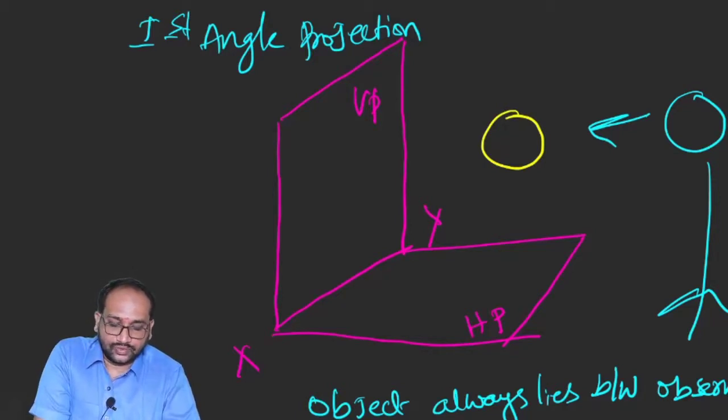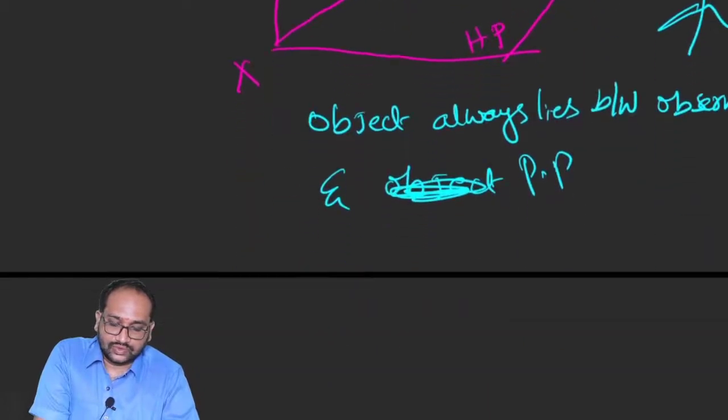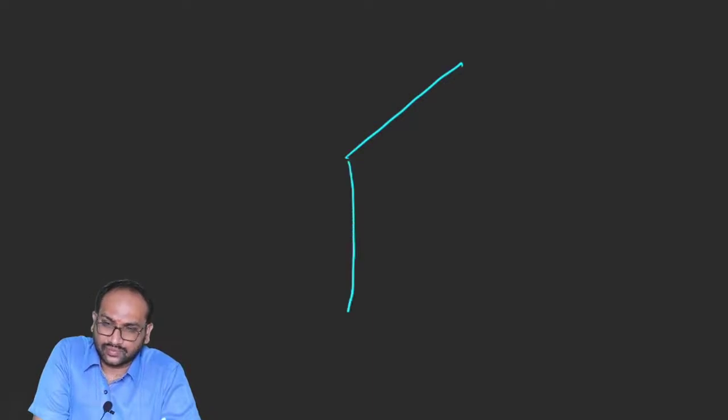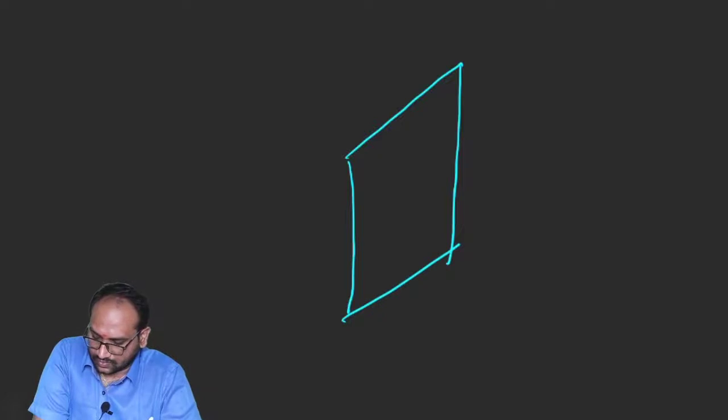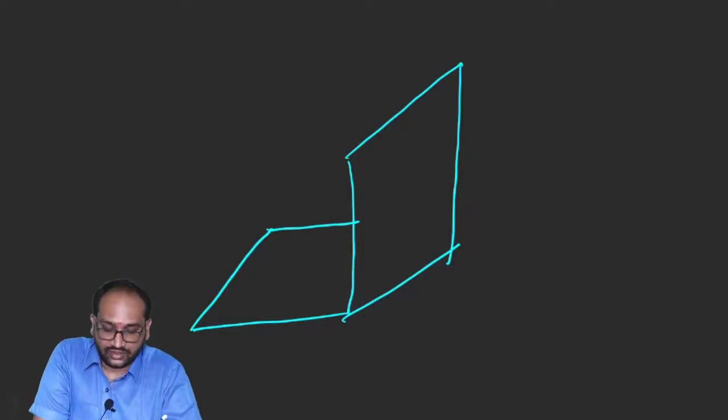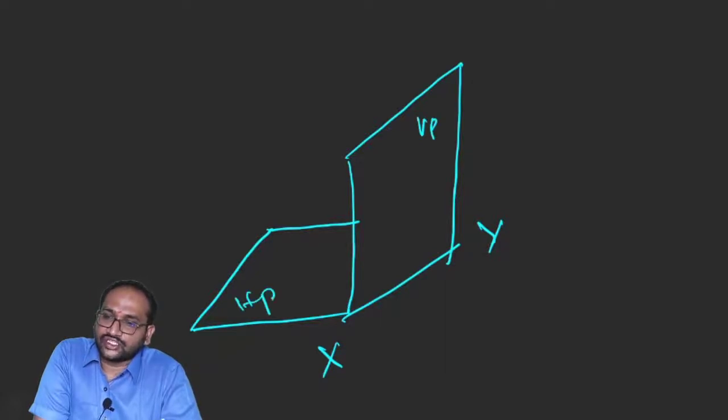Now coming to second angle projection. This is second quadrant and this is XY reference line. This is VP, this is HP.